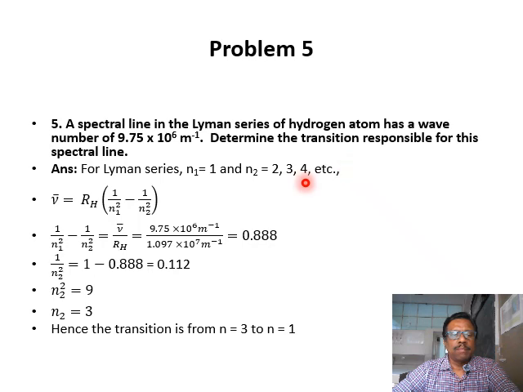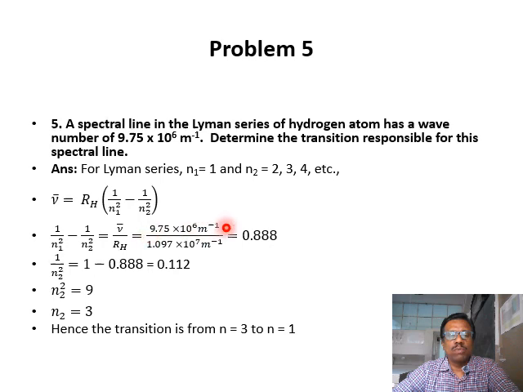Problem number 5. A spectral line in the Lyman series of the hydrogen atom has a wave number 9.75 into 10 power of 6 per meter. Determine the transition responsible for this spectral line. For the Lyman series, N1 will be 1, N2 will be 2, 3, 4, etc. This is the Rydberg equation, and we are calculating here 1 by N1 square minus 1 by N2 square, that is equal to nu bar divided by RH.